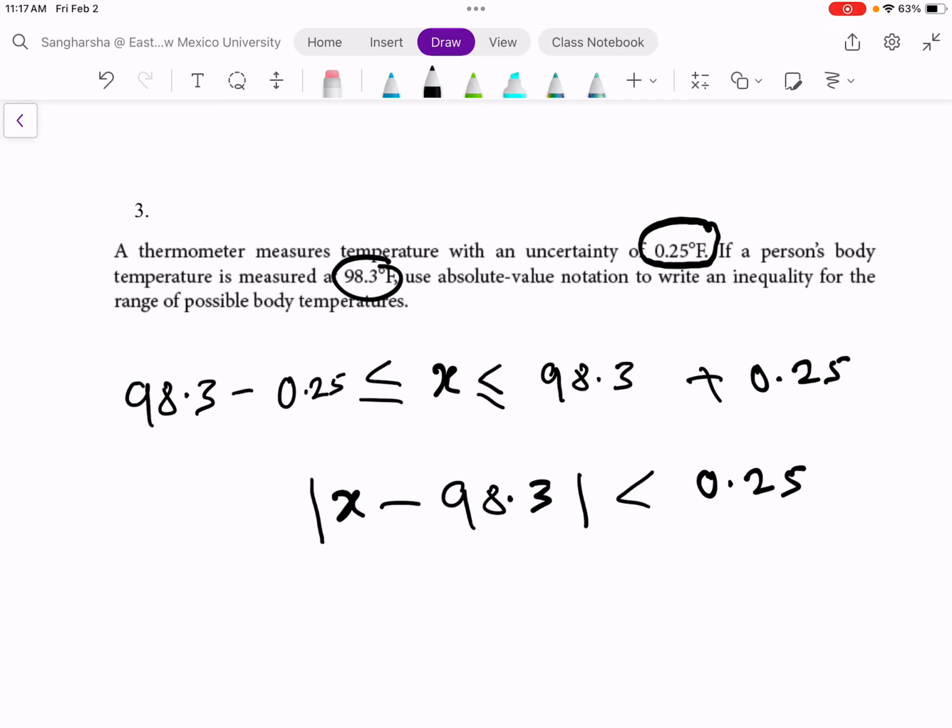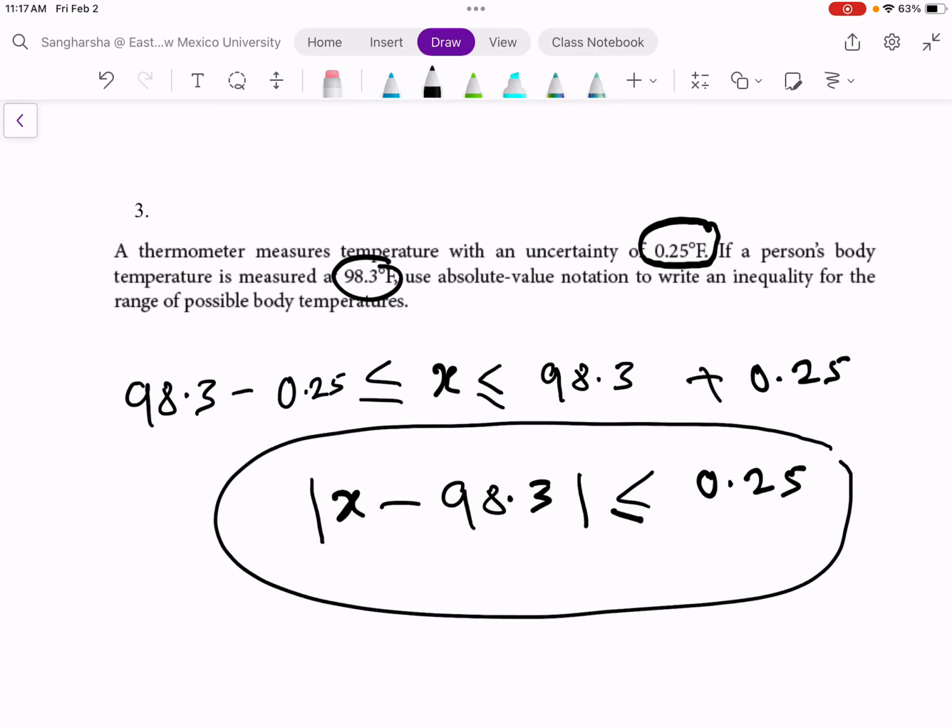It can be equal to 0.25 or it can be less than 0.25. So this is the absolute value inequality for this case here. And we can rewrite. Once you have this, you can just rewrite using our definition. We can use this expression. These two are equivalent.